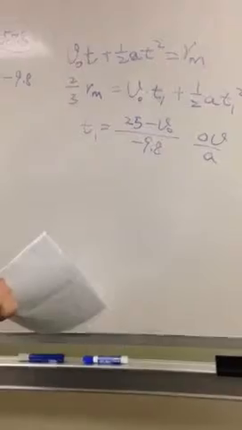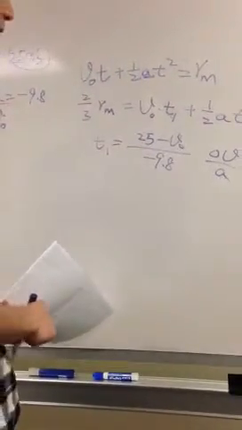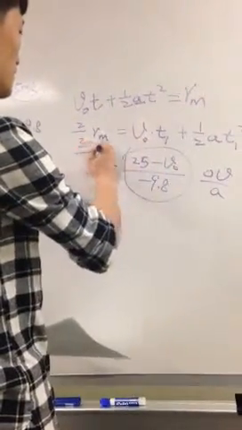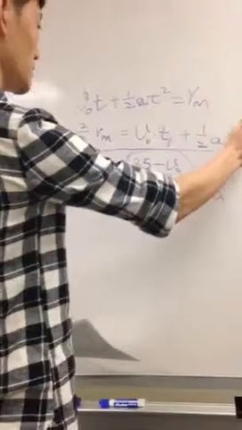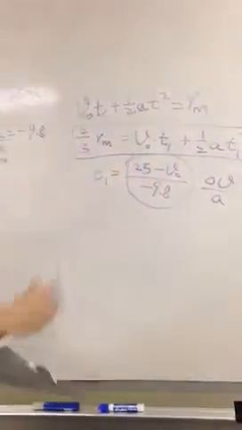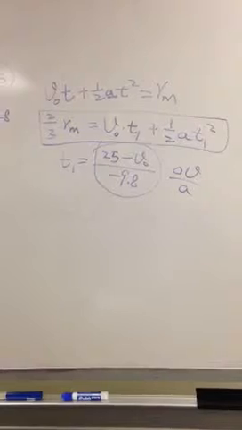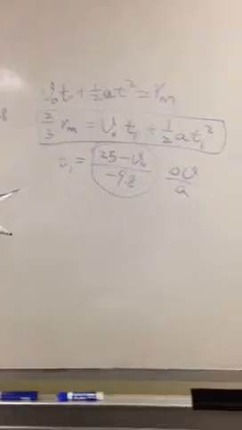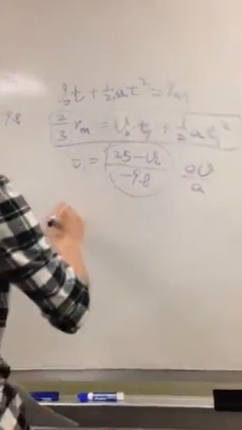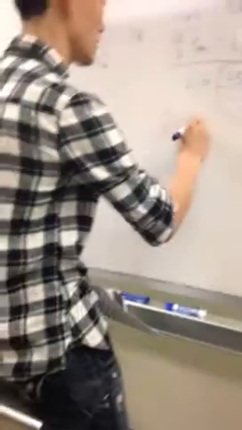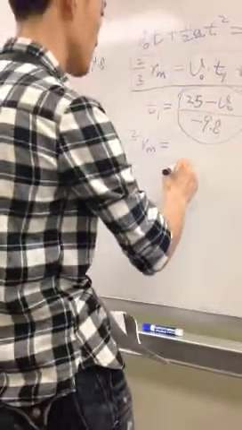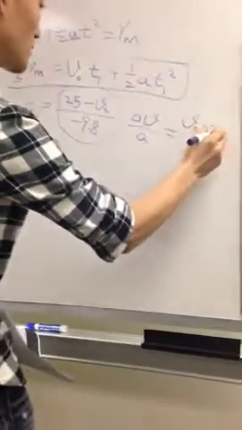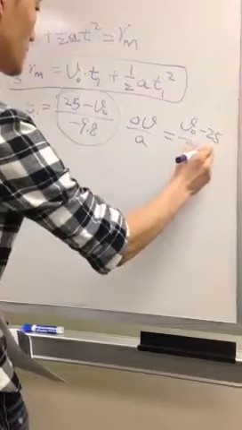So if you put T1 into this formula, then you can get this one, which is equal to 25.9.8.